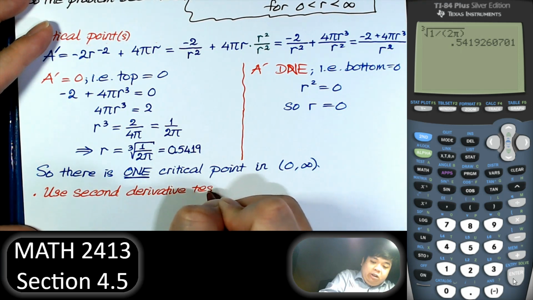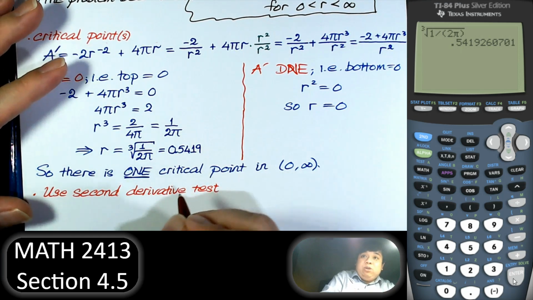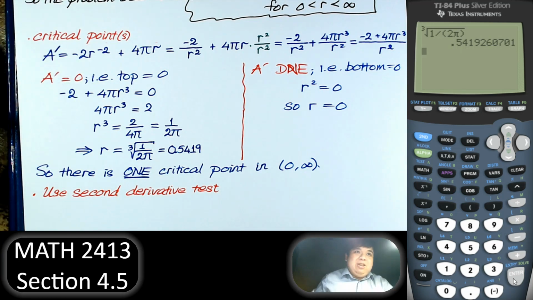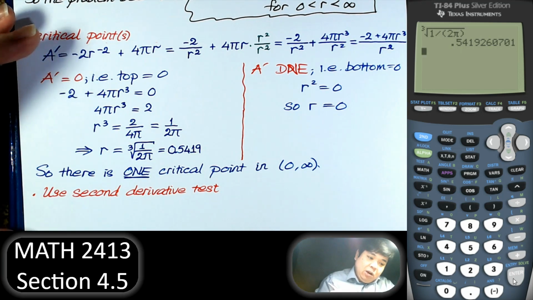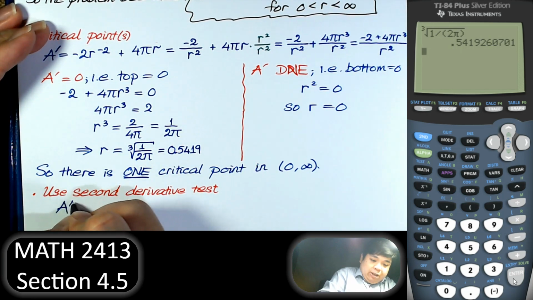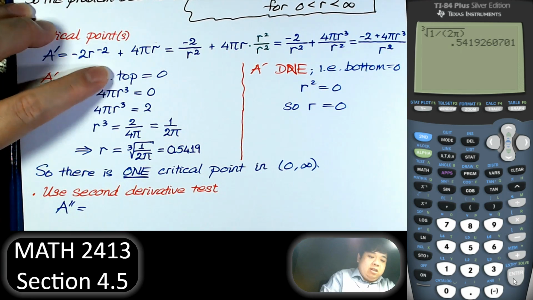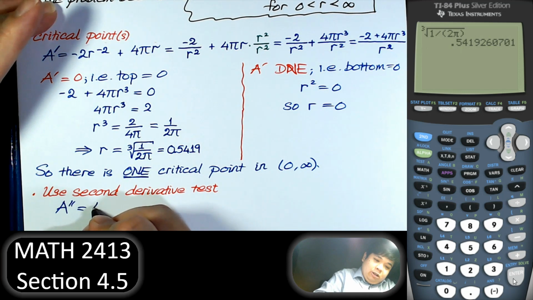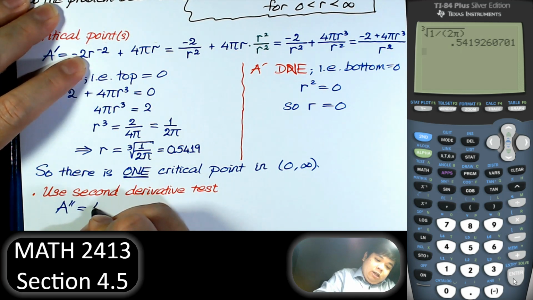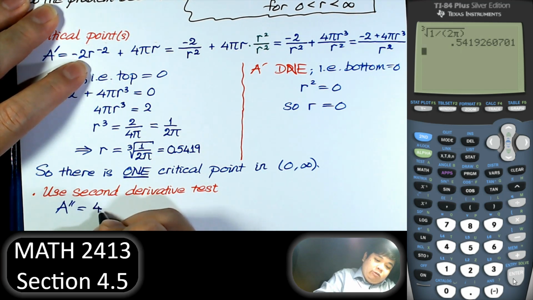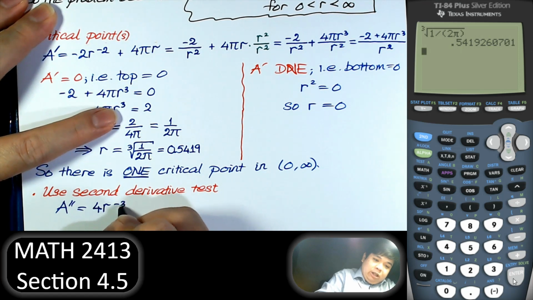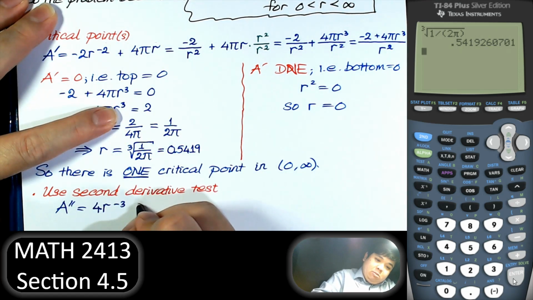If the second derivative test fails, go back to the first derivative, because the second derivative test is inconclusive in that case. Right, so take the second derivative, which is the derivative of this, taking out the -2. So -2 times -2 is 4 r to the -3, and then the derivative of this, plus 4 pi.